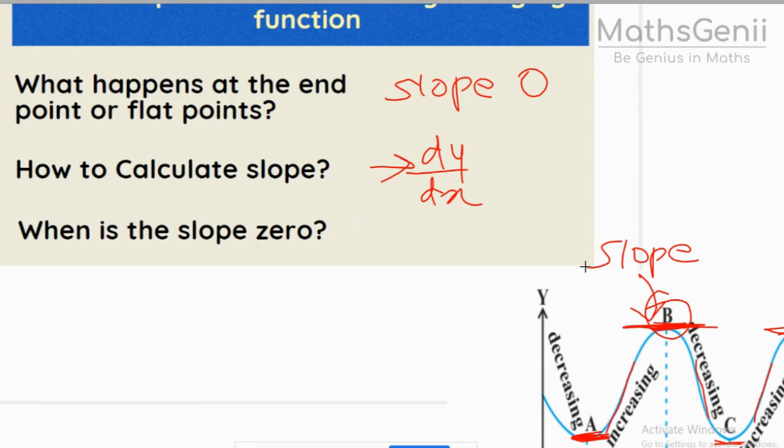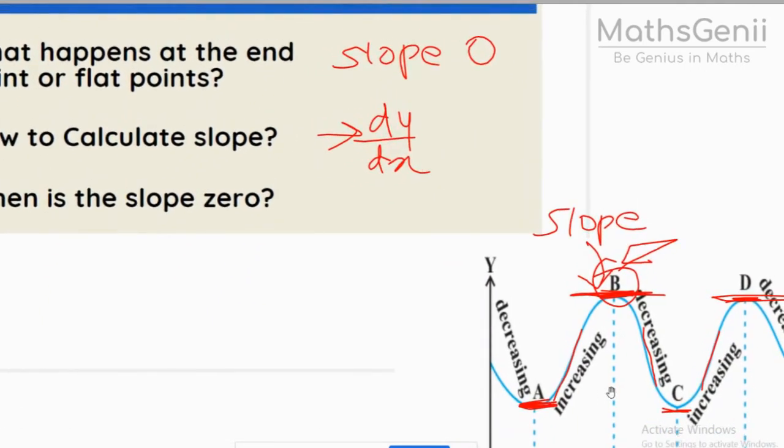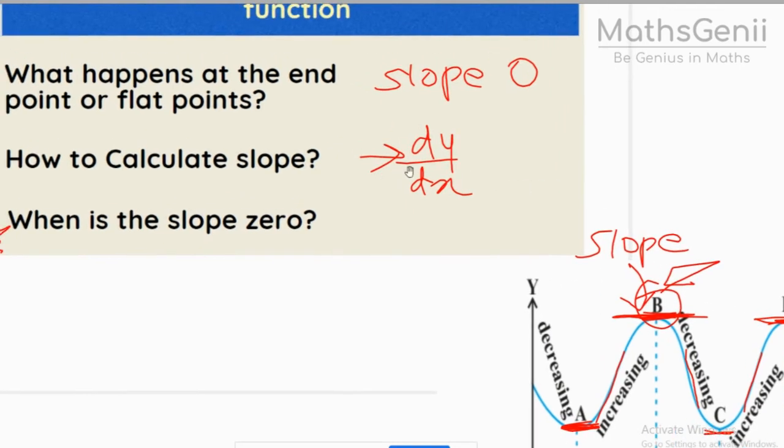When is the slope zero? At this point. We will solve the question, and then you will understand this point. For now, I was trying to explain why derivative is used. Because we want to find these flat points, and at flat points the slope is zero, and slope is calculated using derivatives.